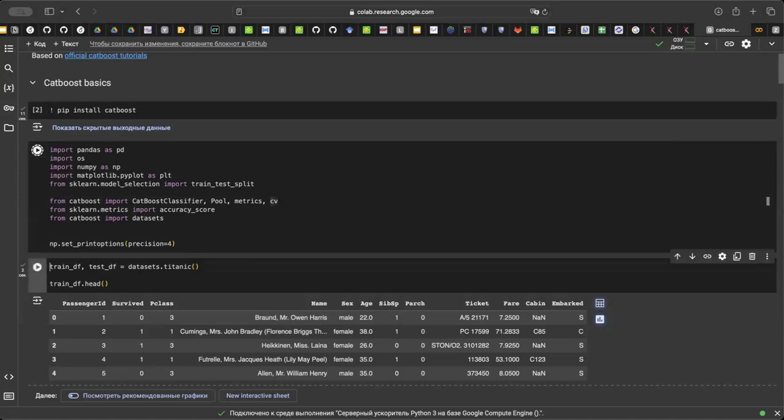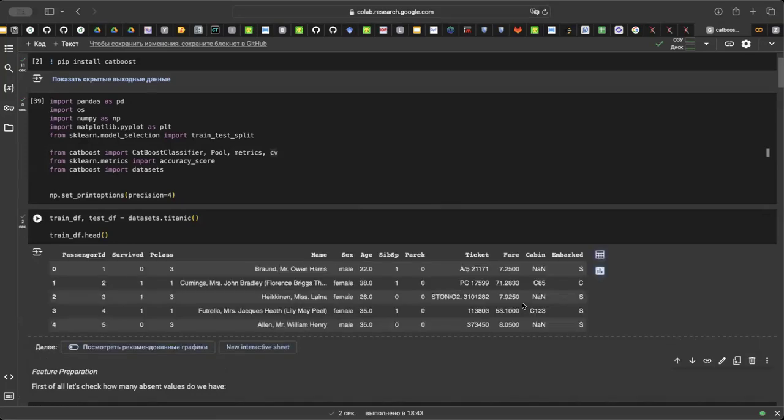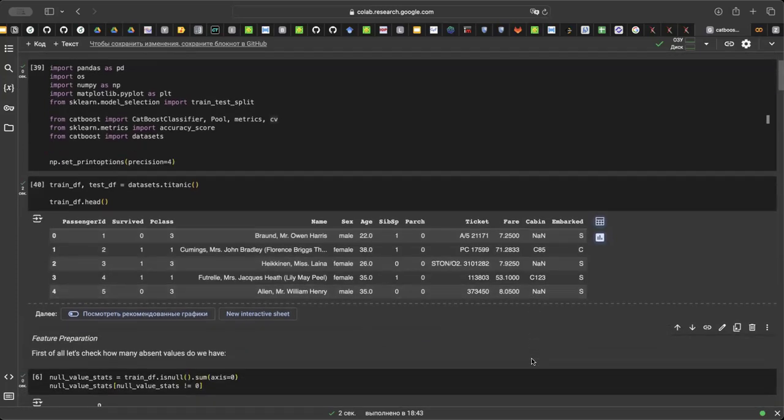So, okay, as you can see, we have Titanic data set, and we have lots of texts and we can see that there are some missing values. So what are your suggestions about what to do about text and missing values?